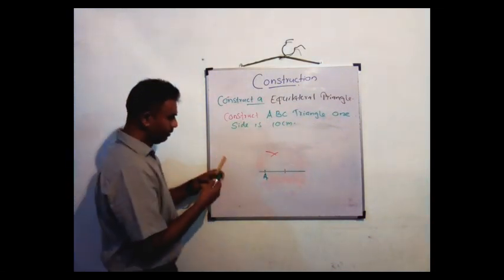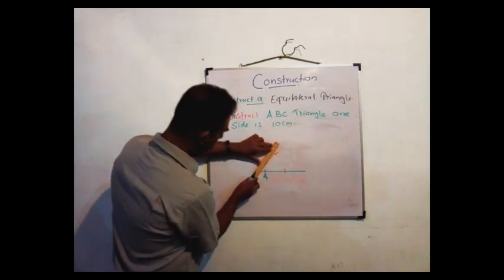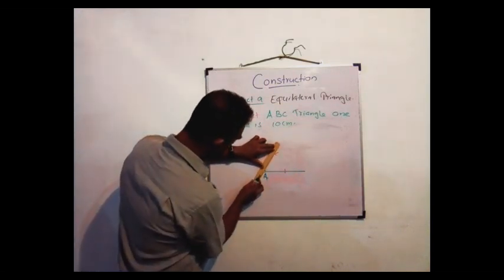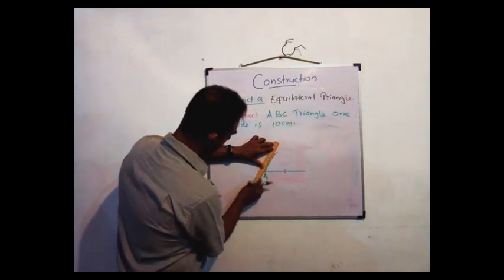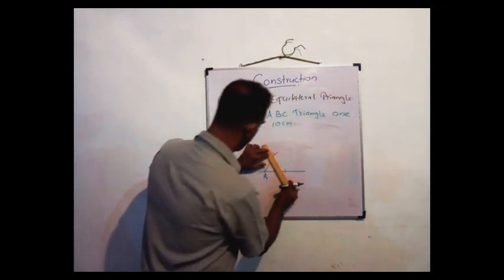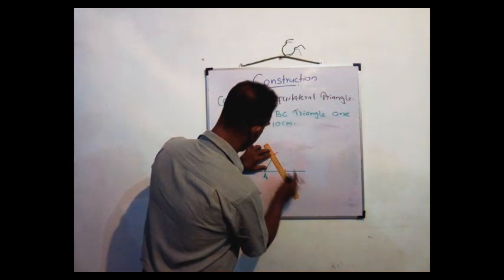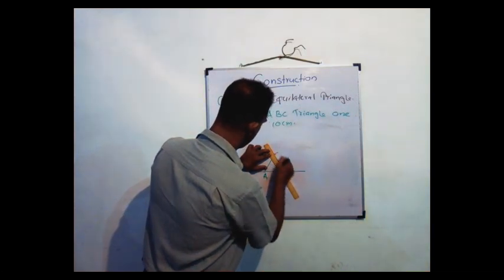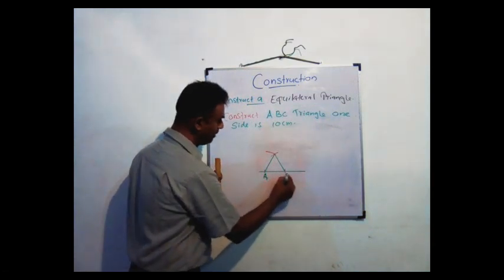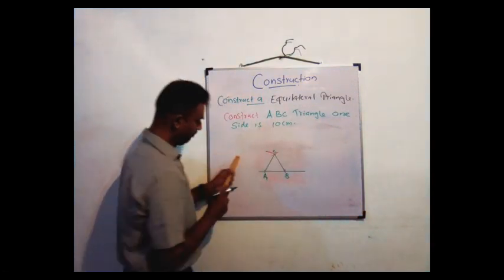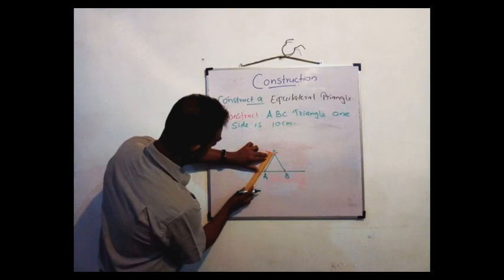Now we want to join this point. Join this point, like this. Like this you can join these points. Right. Now we can mark A, B, C. I measure it.